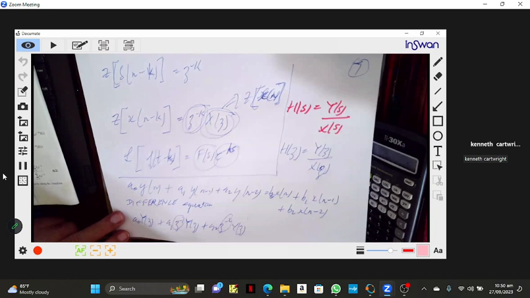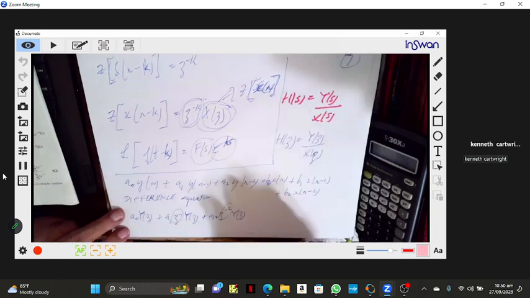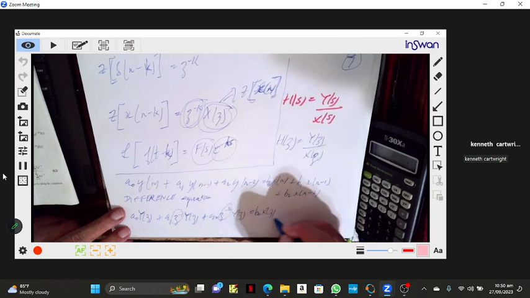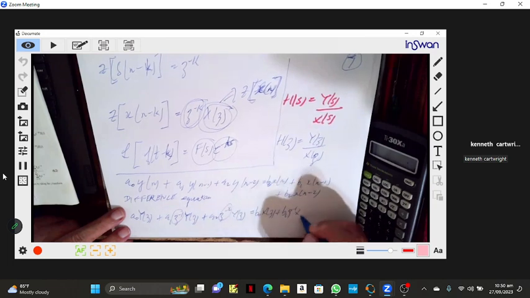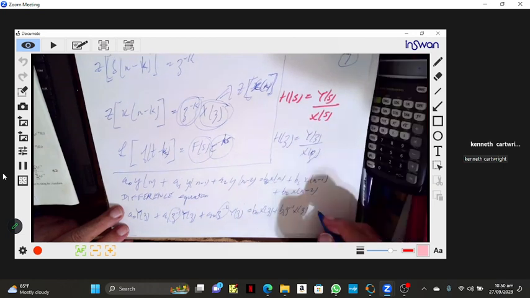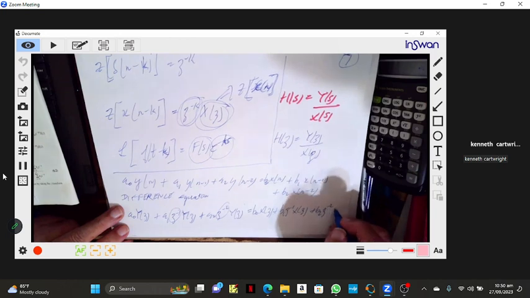Similarly, this is b0 X of z, this is b1 z to the negative 1 X of z, plus b2 z to the negative 2 X of z.